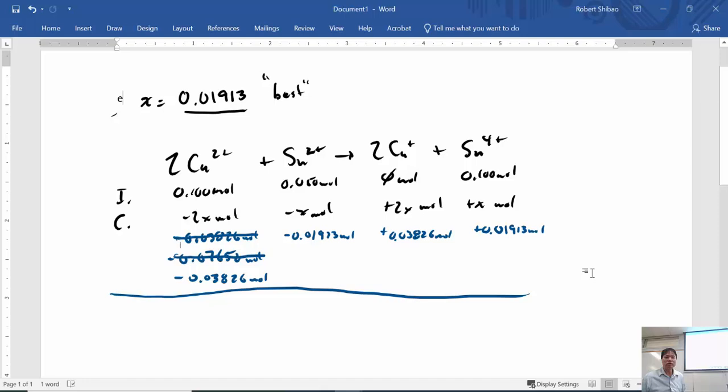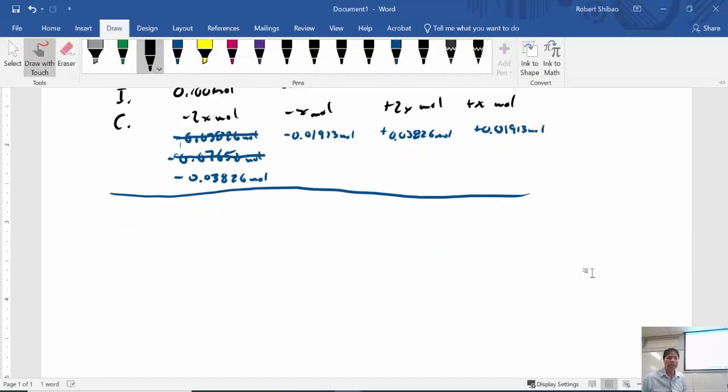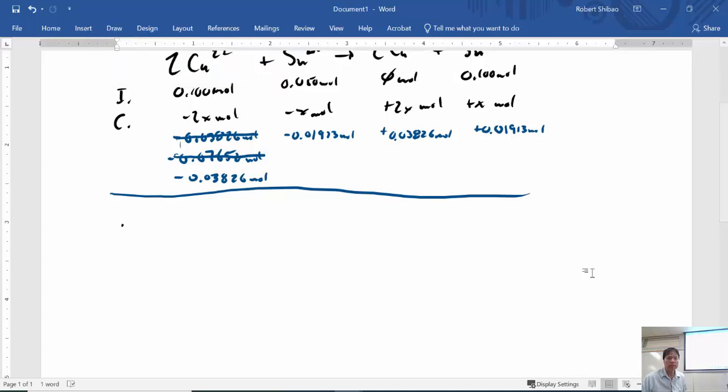So by the end of this, what do we have? By the end of this is 0.1 minus this, 0.03826. So I'll just use my calculator. I'm too lazy to think about this too much. 0.06174.